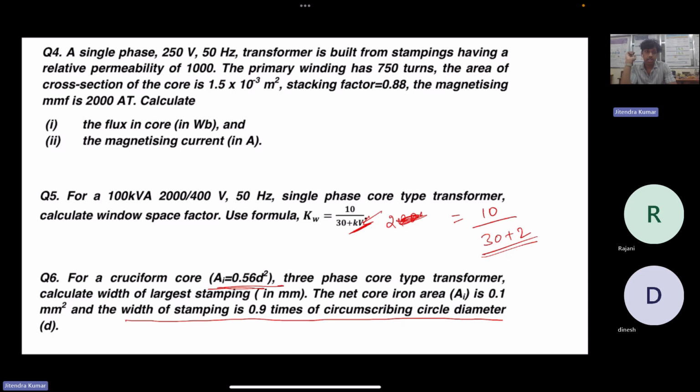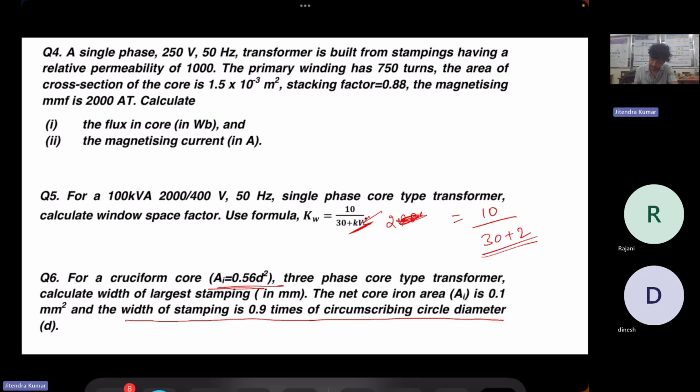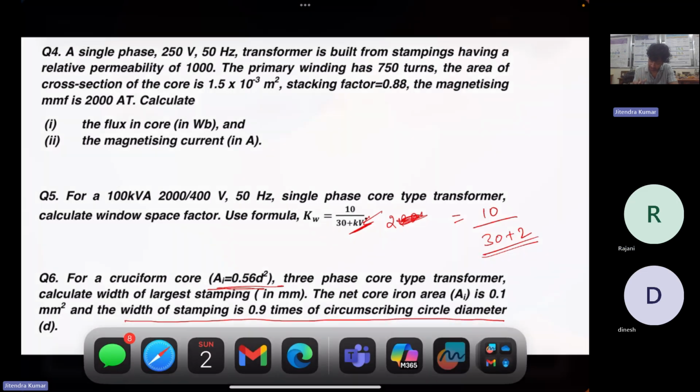Since the area of the cruciform core is given, we can calculate the diameter from there.